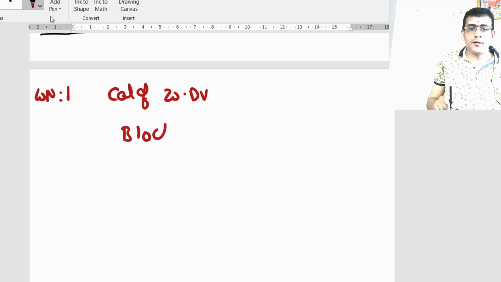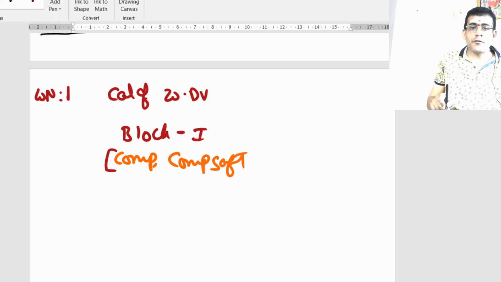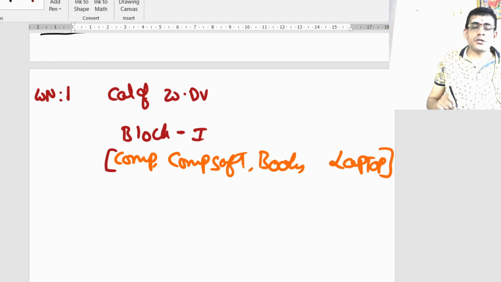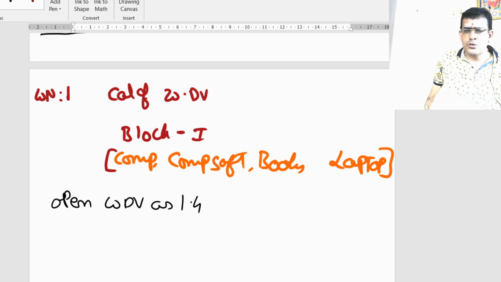Block 1. So what is your block 1? Your block 1 is basically comprising of your computer, software, books and laptops. So this is nothing but the composition of your block 1. Now let us consider your opening WDV as on 1st April 2019.